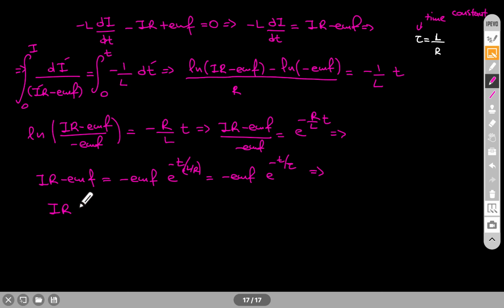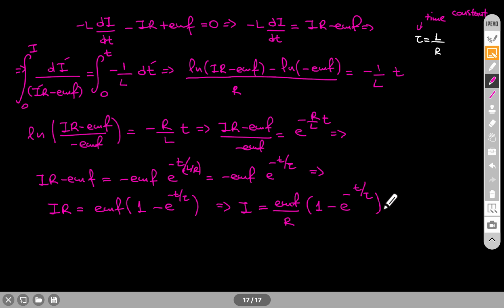So it will be IR equals EMF. And how about I take it out as a common factor? So this minus becomes plus, and I have a minus E to the minus T divided by the time constant. And then if I divide by R, I have EMF divided by R times 1 minus E to the minus time over the time constant.